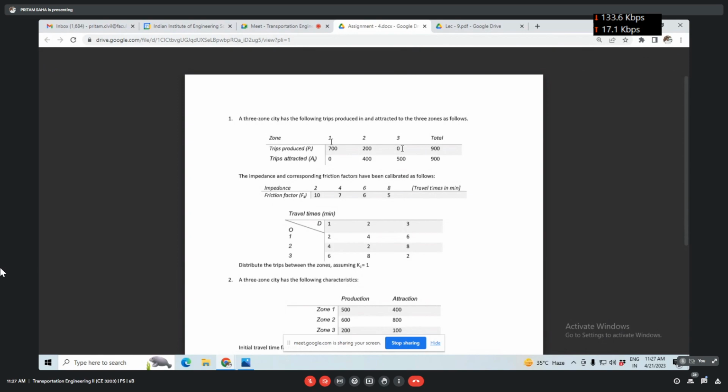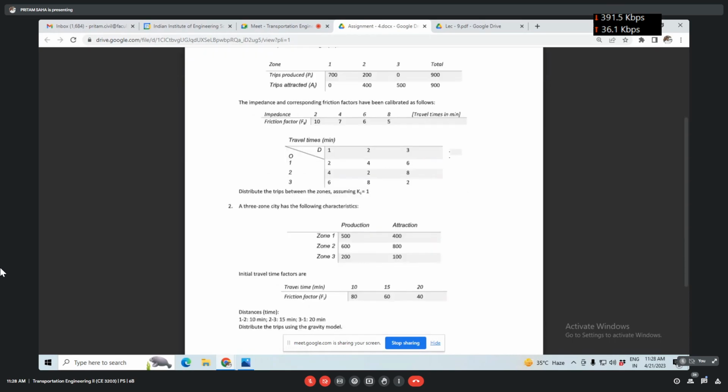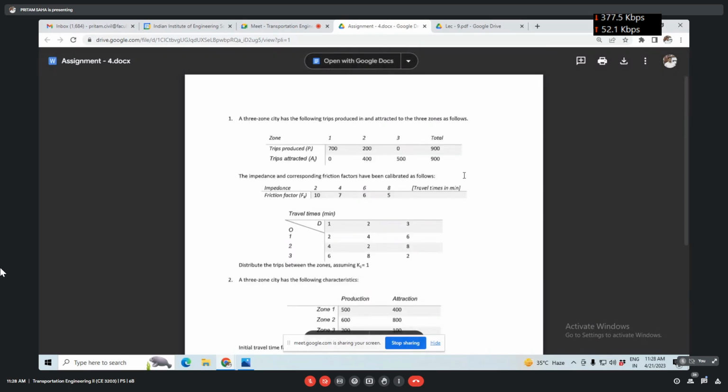Okay, and total 900. So you can see that the zone 3 is something, I mean, it is similar to our campus. During morning, there is no production, you have attraction, and it is just the opposite in the evening. Okay. So similarly, you can see trip attracted. In zone 1, it is 0, zone 2 it is 400, and zone 3 is 500. And it is, of course, it must be equal 900.